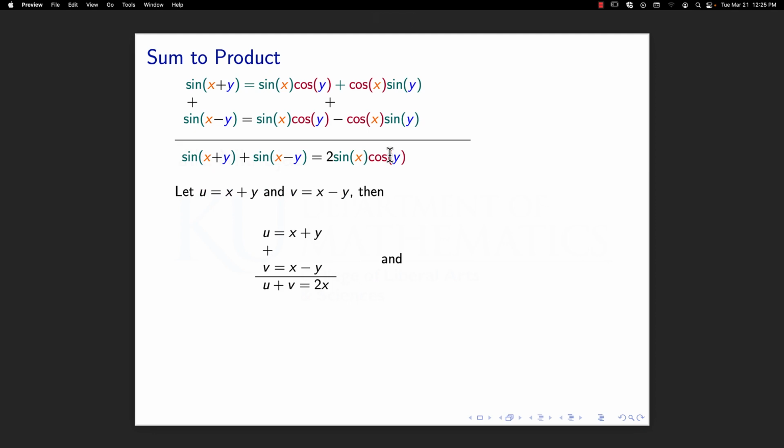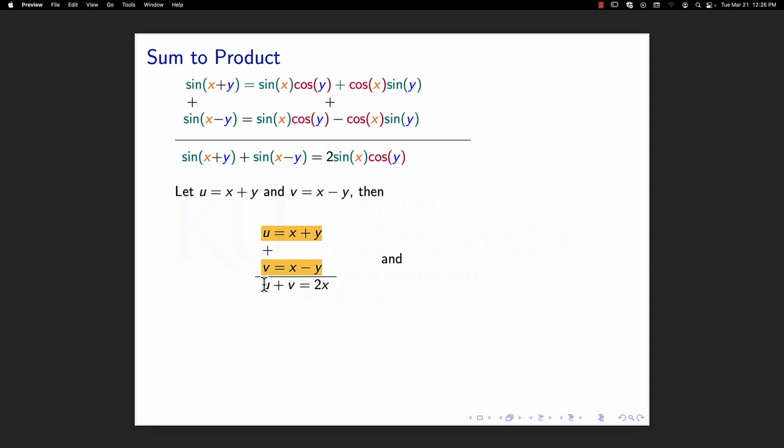Then there comes a nice technique to solve for x and y in terms of u and v. This technique appears later in calculus courses also. And the technique is to eliminate y between these two formulas by basically summing the left-hand sides and the right-hand sides.